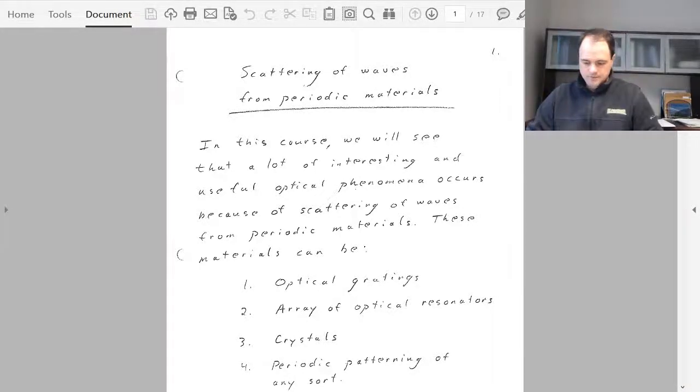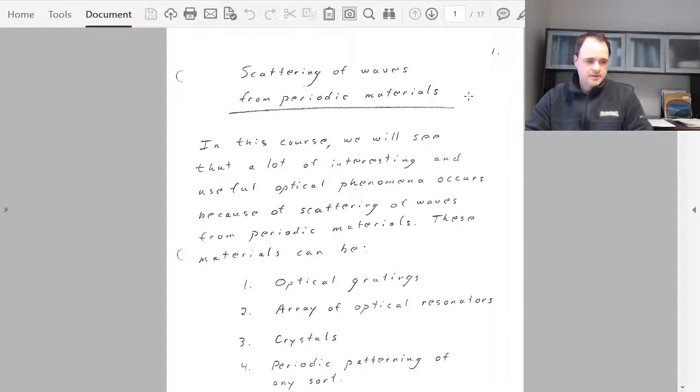Okay, so in today's lecture, we will talk about scattering of waves from periodic materials. It'll turn out that how waves behave in periodic materials is extremely important for many applications.